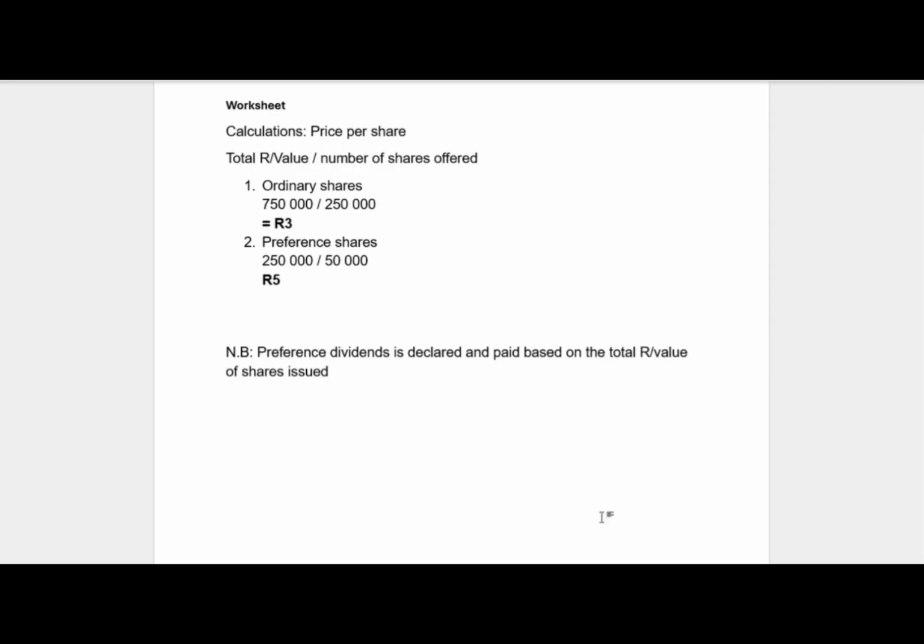shares issued, right? So now I want us to go and calculate the total rand value for shares issued on preference, right? Total rand value preference shares issued.